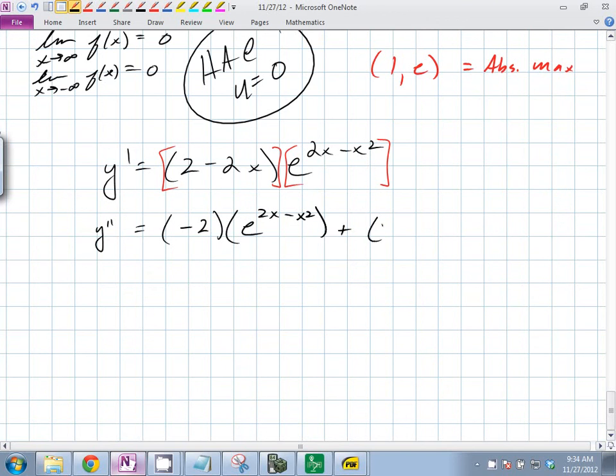But what can we do? Just square it, right? What's the domain of this second derivative function? Is there anything we can't plug in? No. So we set this equal to 0. Are there inflection points? Solve.